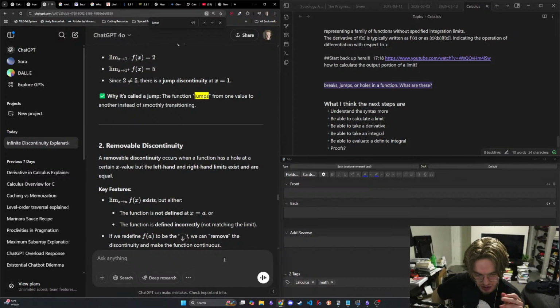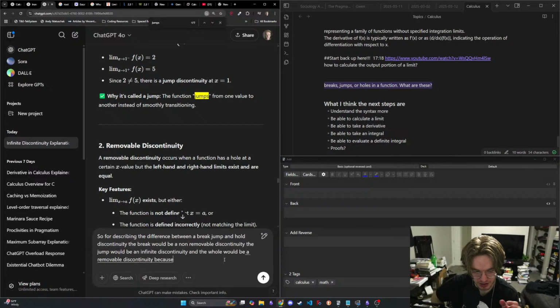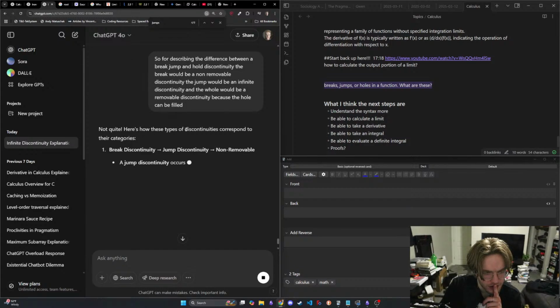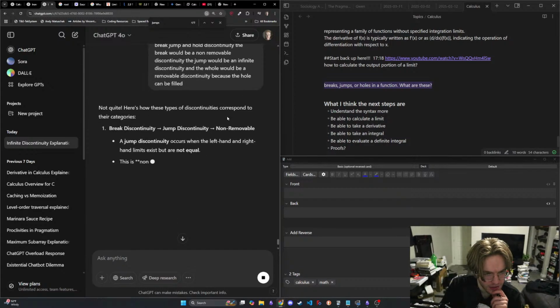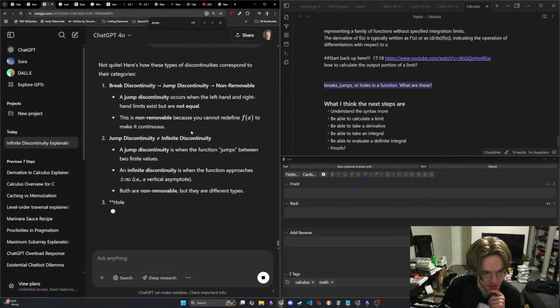So for describing the difference between a break, jump, and hole discontinuity, the break would be a non-removable discontinuity, the jump would be an infinite discontinuity, and the hole would be a removable discontinuity because the hole can be filled. Okay, so jump is not infinite.